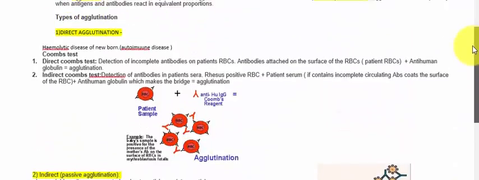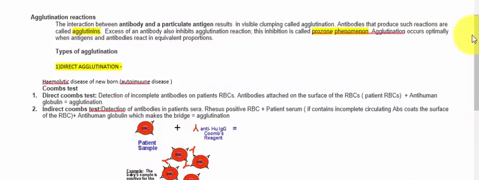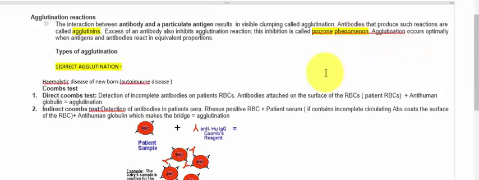Let's summarize it once again. Agglutination is an interaction between antibody and antigens which forms visible clumping or a sticky structure. For that, the antigens and antibodies should be in equal proportion. If the antibody is in excess amount, it inhibits the agglutination reaction, and this inhibition is called the prozone phenomenon.